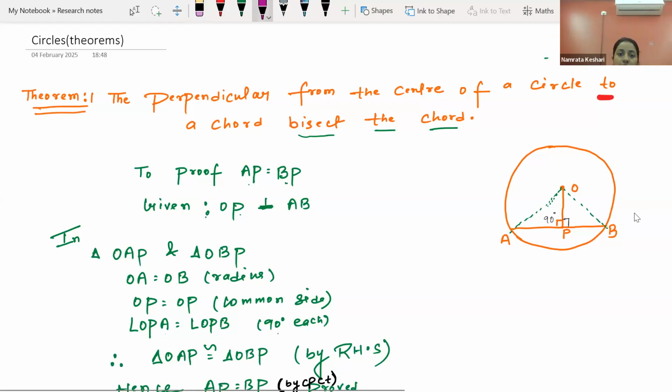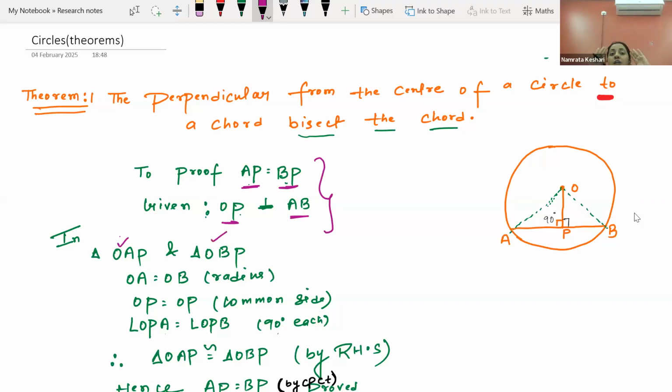The first step over here is this one. We are supposed to prove that AP is equal to BP, and we already have in hand that OP is perpendicular to AB, right? Yes, ma'am. Now we will join O with A, O with B, and take the triangle on the left, OAP, and the triangle on the right, OBP.